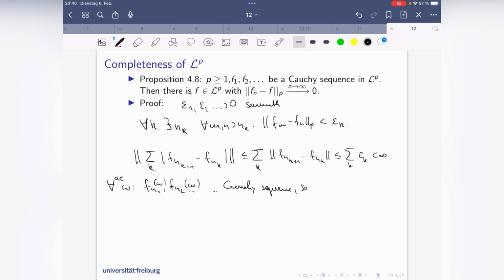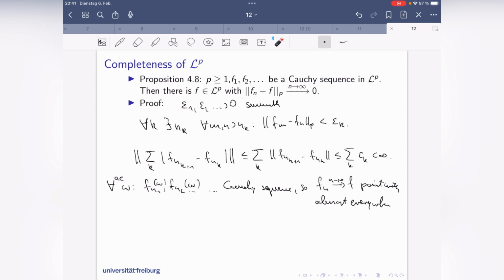So fn converges to some f pointwise, but almost everywhere. Because for almost every omega, that's a Cauchy sequence, and for such omegas we have convergence, and for all the others, we just don't care. And then we have our candidate f. That was what I tried to explain to you when I started the proof. We need to find a candidate for the f, and now we have it.